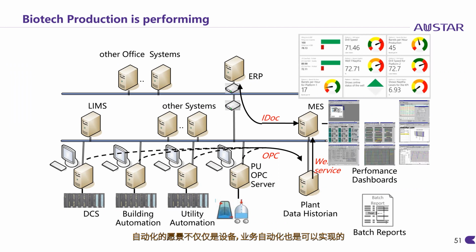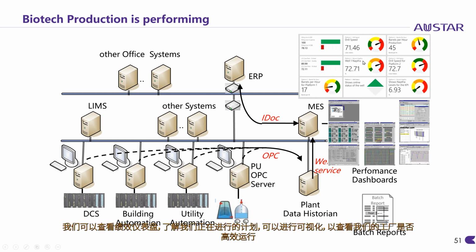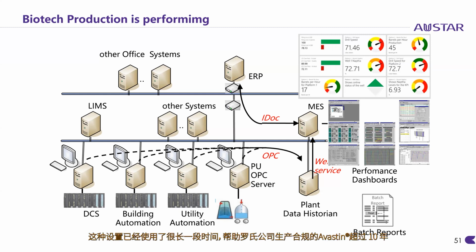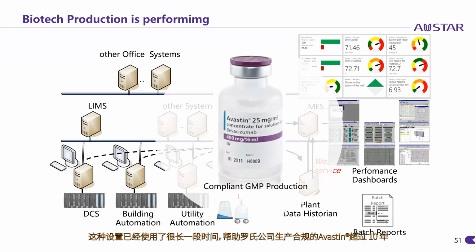When we have this setup, we get as a result not only the product, but reports. We can look at performance dashboards to understand how our plant is doing, and we can do visualizations to see if our plant is operating efficiently. This setup has been used over a long time and has been successful, and it has allowed Roche to produce compliantly Avastin for over 10 years.